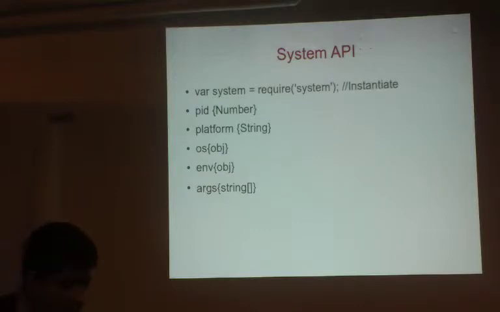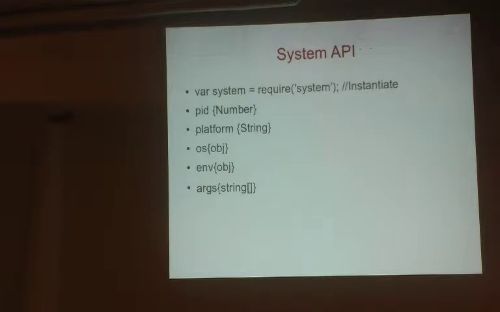Then the next API is the system API, and you initialize it with require system module, and it gives more information about the system like PID, platform, operating system, environment, and you can also get the arguments with this module.